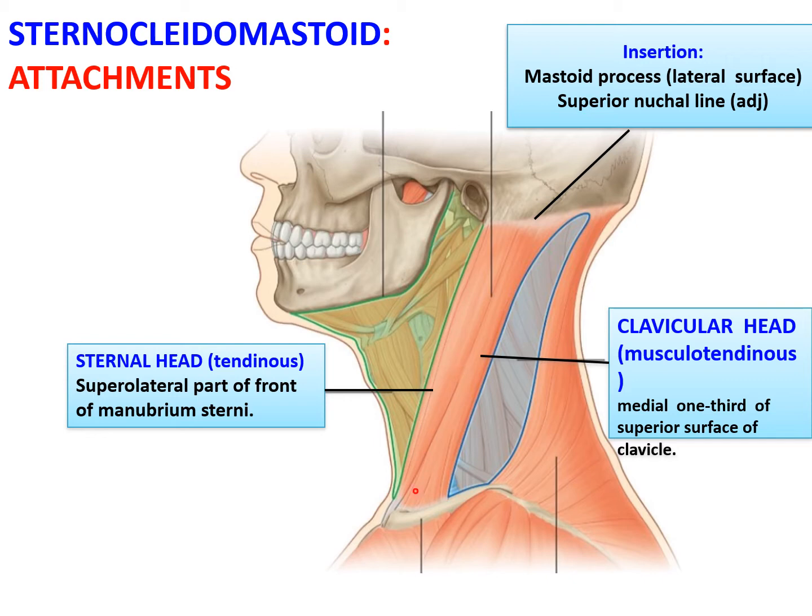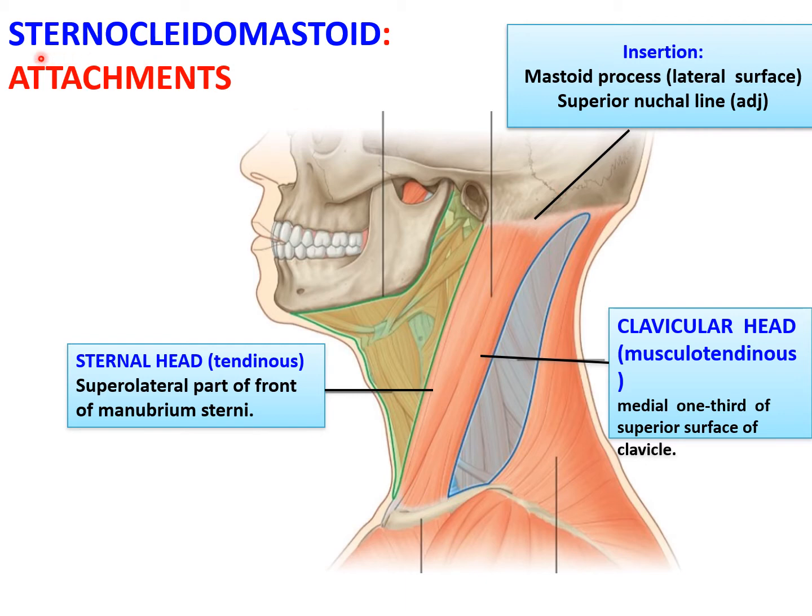Between the two heads, sometimes there is a small triangular depression known as the lesser supraclavicular fossa. The muscle is inserted by a thick tendon into the lateral surface of the mastoid process and by a thin aponeurosis into the lateral half of the superior nuchal line.